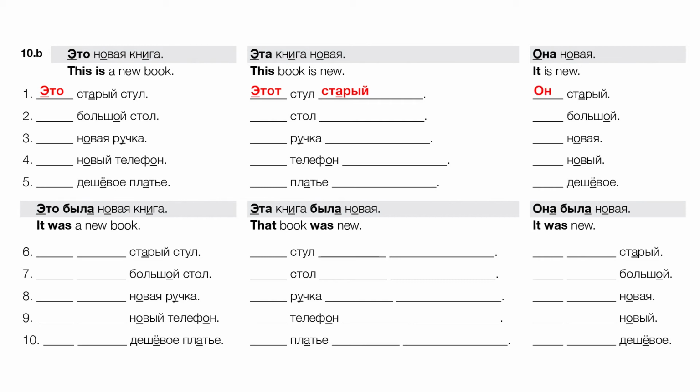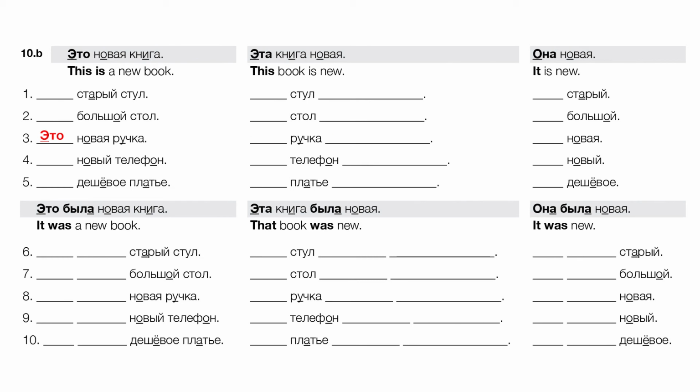Okay, let's say it is old. Он старый. Again, in the present tense, we don't need the linking verb usually. Два. This is a big table. Это большой стол. This table is big. Этот стол большой. It is big. Он большой. Три. This is a new pen. Это новая ручка. This pen is new.